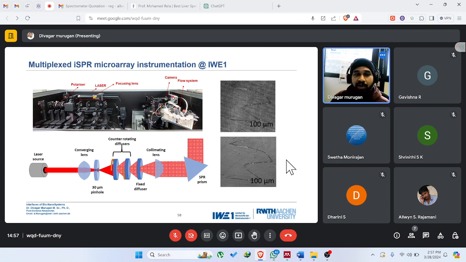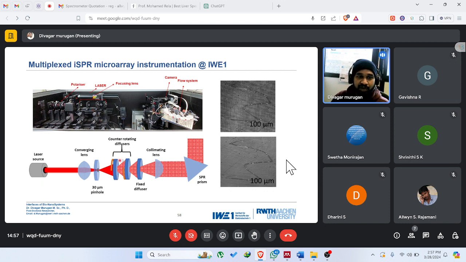So initially this is the image that we got, but here you can see a lot of fringes that are happening because of this focusing lens. Especially when you convert an SPR system into an imaging-based SPR system, you want to remove all these speckle patterns. These speckle patterns are removed by using a diffuser lens instead of this focusing lens.